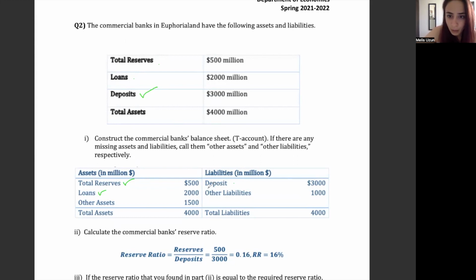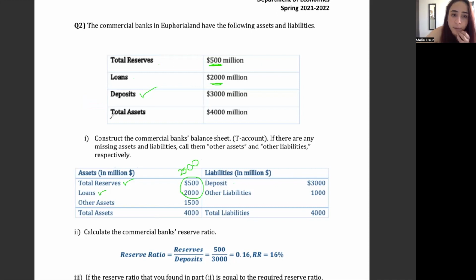So let's calculate. Our total reserves is equal to 500 million and loans is equal to 2,000 million. So if we add them up, we have 2,500 million dollars.